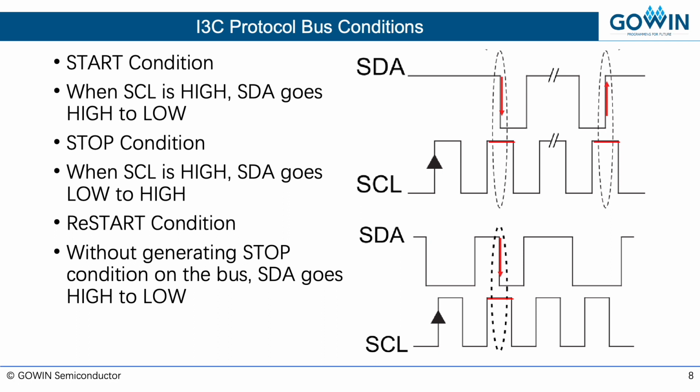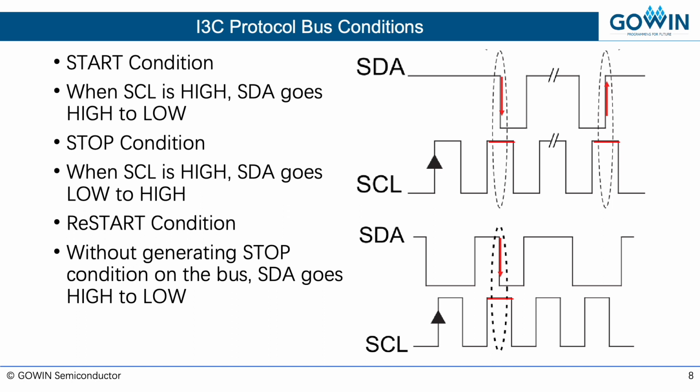Let's look at the I3C bus protocol. When there is no transaction on the bus, both the SDA and SCL lines are pulled to their high or inactive state. A start condition on the bus is when the SCL is high and the SDA line is going from a high to a low level.